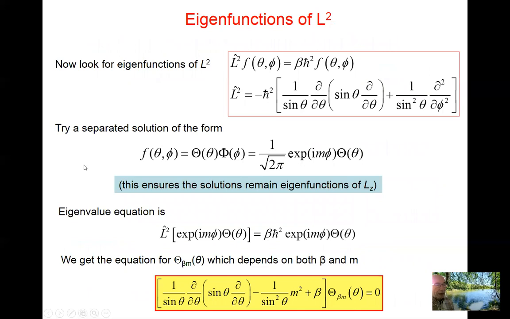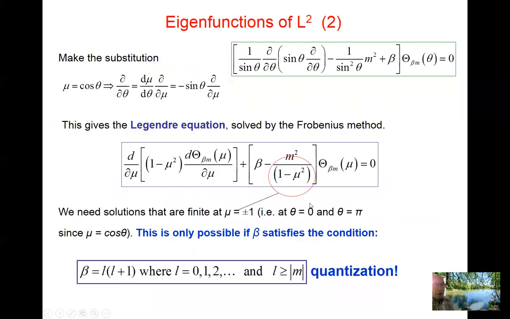Okay, so now we need to look at the eigenfunctions of L squared, which simultaneously should be eigenfunctions of Lz. So now we have a much more frightening operator here, which is acting on the wave function, which is now a function of theta and phi, and it has this eigenvalue of beta. So again, we need to go through this derivation, and an important part again is that this is the so-called Legendre equation, and it is solved by the so-called Frobenius method.